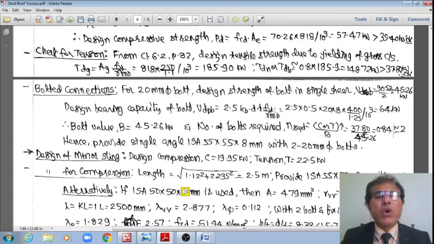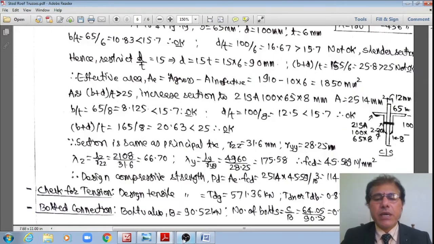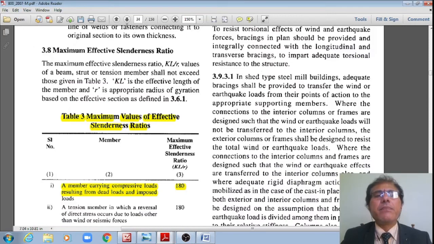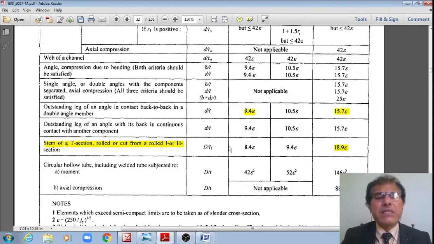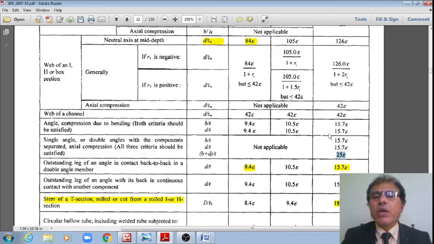Therefore, if I go to this page number 18 of IS 800, let me revisit that page number 18. Just bear with me for a moment. Therefore, for this double angle, you please see that these single angles and double angles, with components separated, there I do have B by T greater than 15, D by T greater than 15.7, and B plus D is also greater than 25.